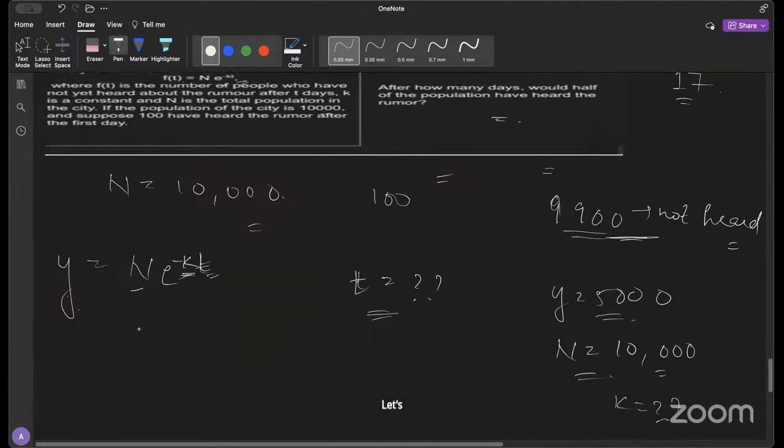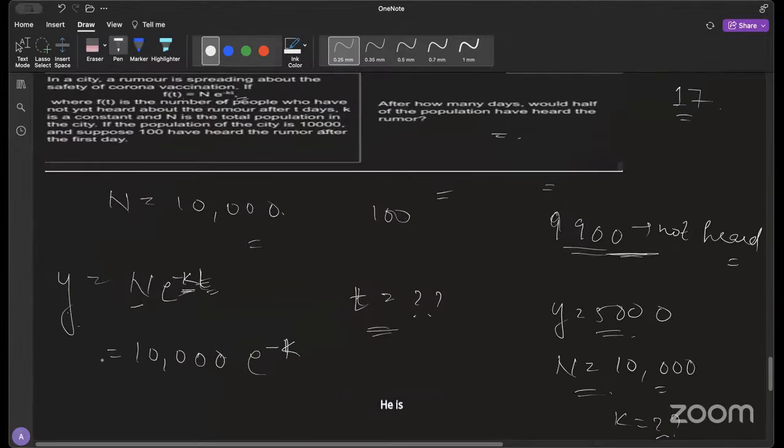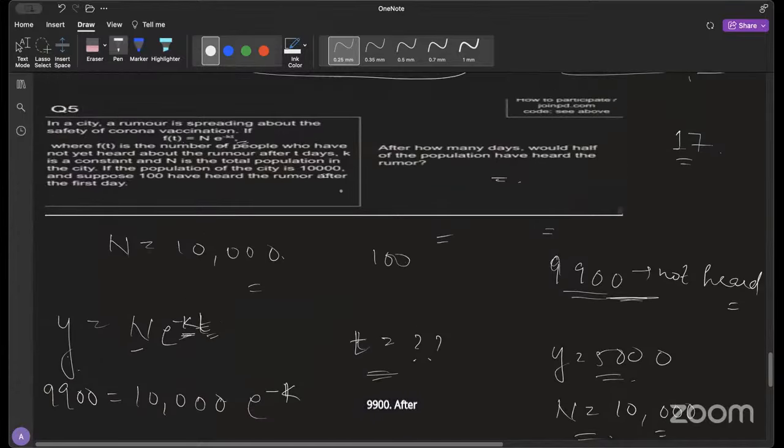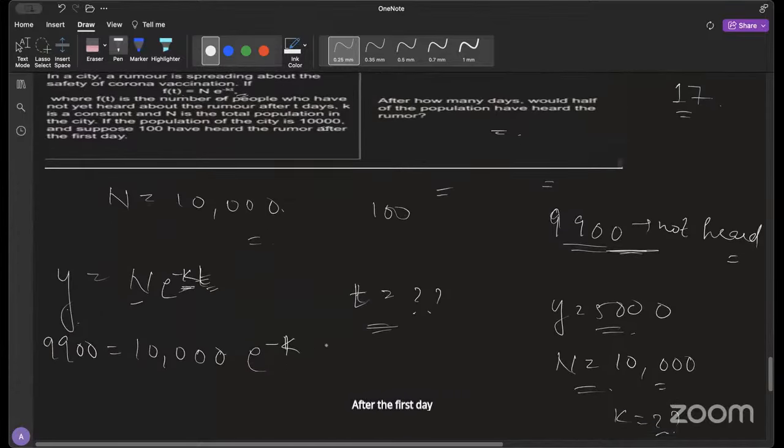Let's use this first. The N is 10,000. That's constant. Then e to the power minus k, you have to find. Y is given to be 9900 after the first day. So your t is 1 here, right?